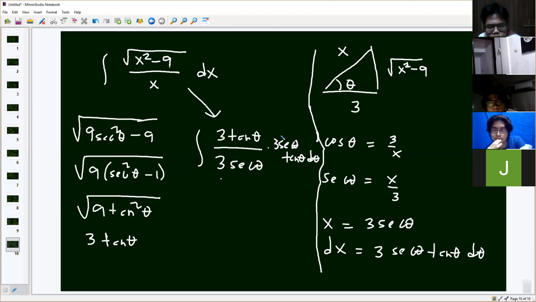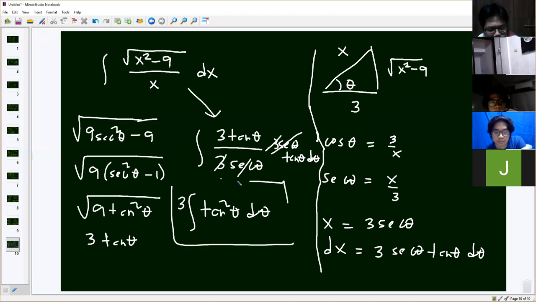Then, ayusin natin. Cancel. 3 outside. Sec cancels out. Ito na yung nakuha mo: 3 tan squared theta d theta. Ito na yung integral mo ngayon.